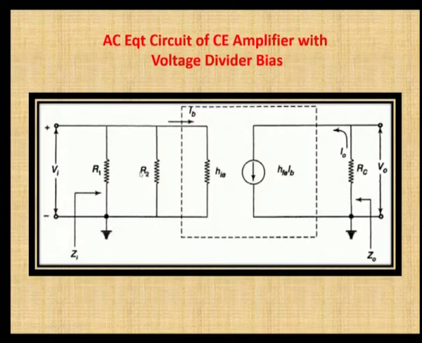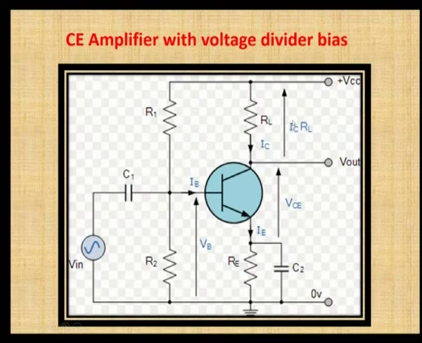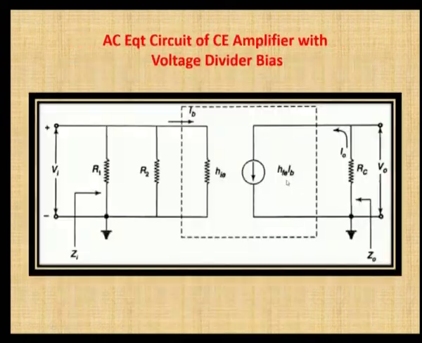R1 and R2 are given on the input side and RC is given on the output side. That RC is nothing but the load resistance, the resistance connected between the collector terminal and the supply, but in this equivalent circuit it is from the collector terminal to the ground, since the supply is considered as ground.